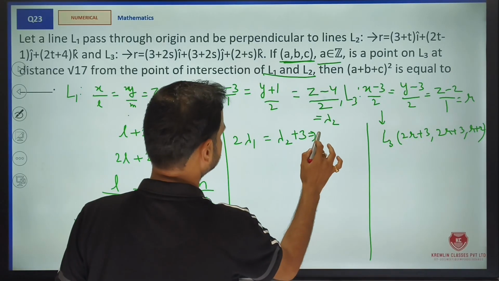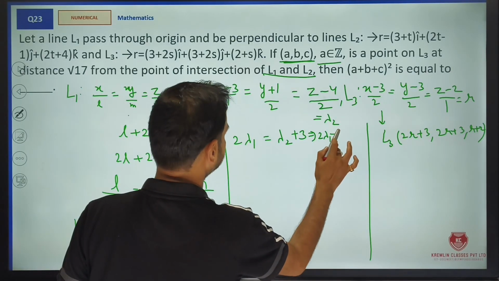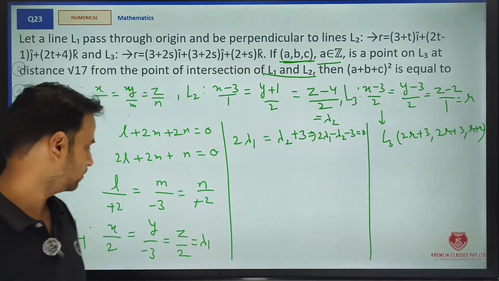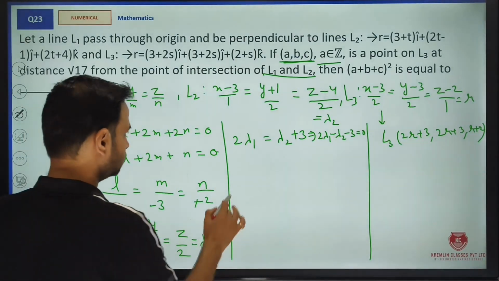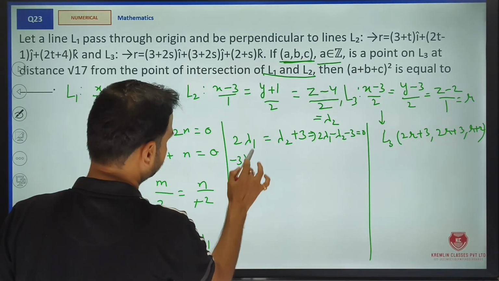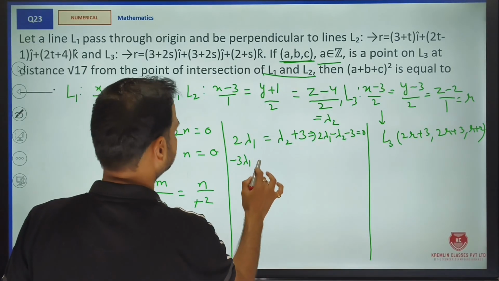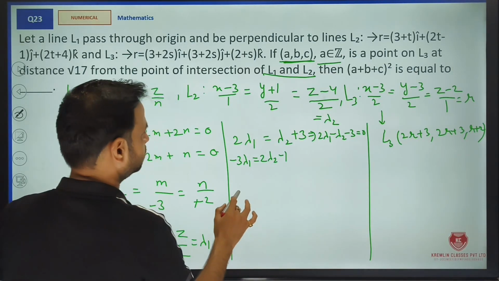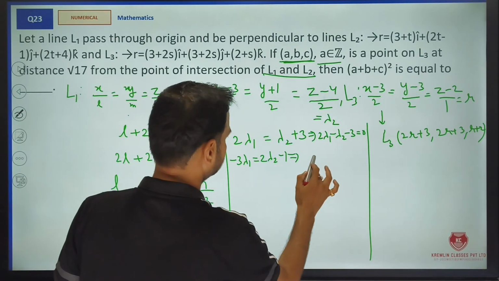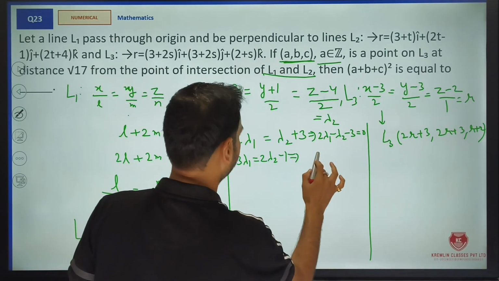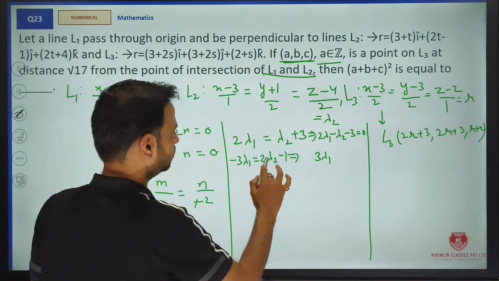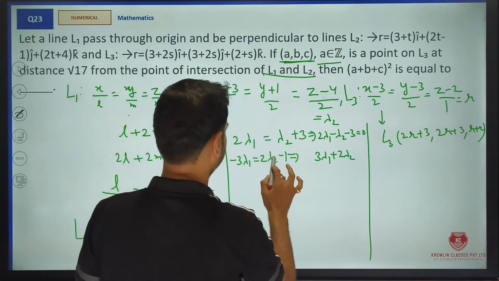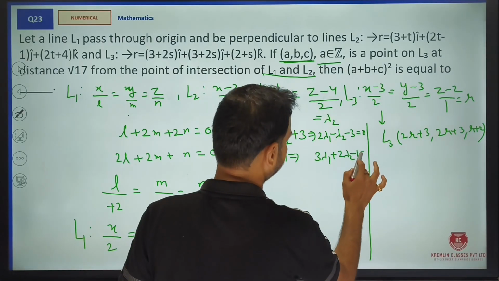Means the equation is 2 lambda 1 minus lambda 2 minus 3 equal to 0. Okay, the second equation: minus 3 lambda 1 should be equal to 2 lambda 2 minus 1. So here it will be 3 lambda 1 plus 2 lambda 2 minus 1 equal to 0.